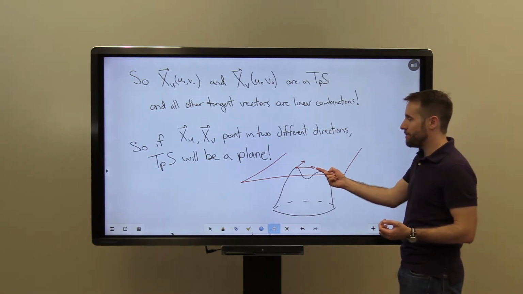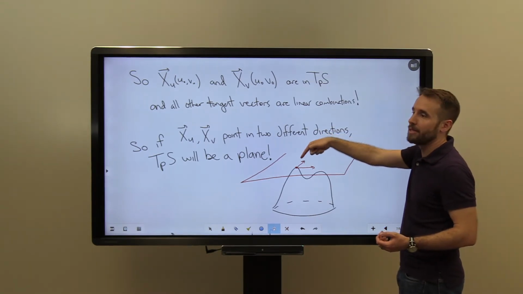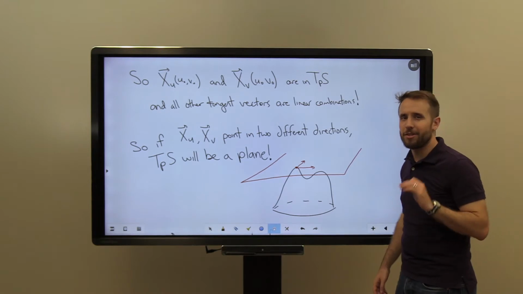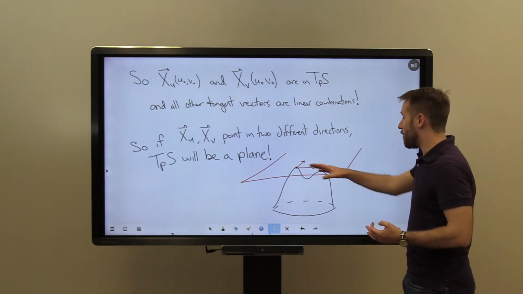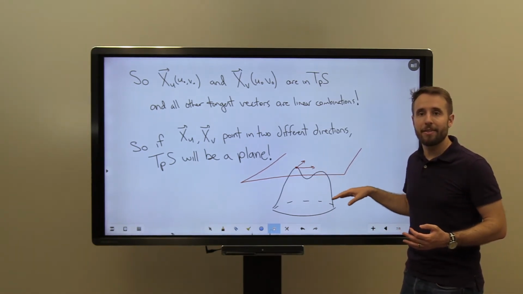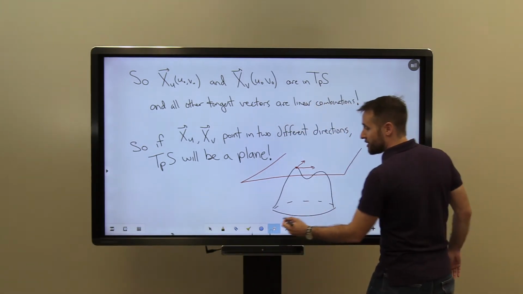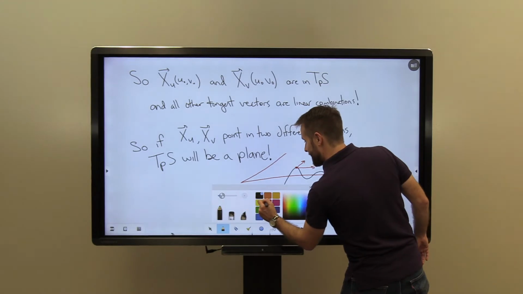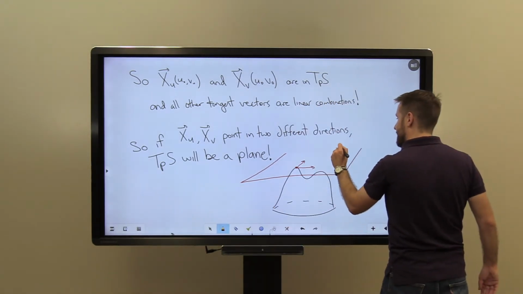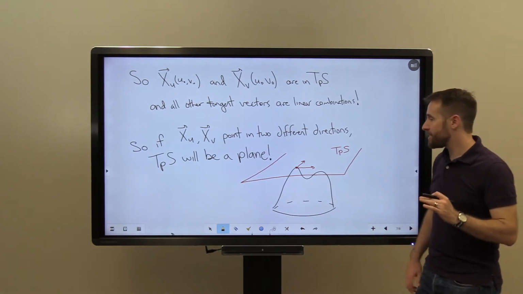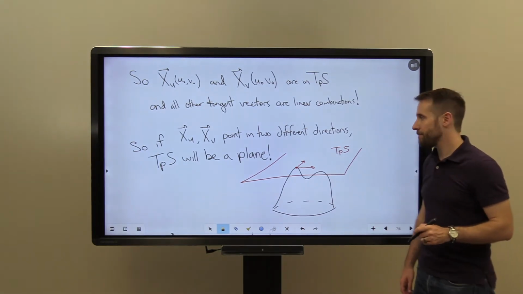Here's my x sub u, and here's my x sub v that we drew. And notice that if every other vector is written as a linear combination of these two, then they must all exist within the plane that is spanned by these two vectors. So my entire tangent space, my T_P S in this case, is this plane that is spanned by these two vectors.